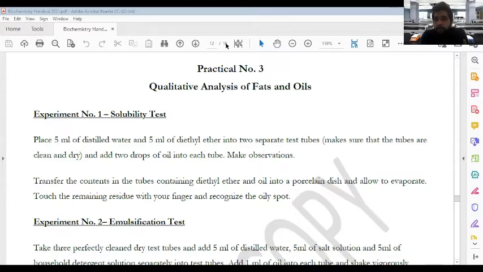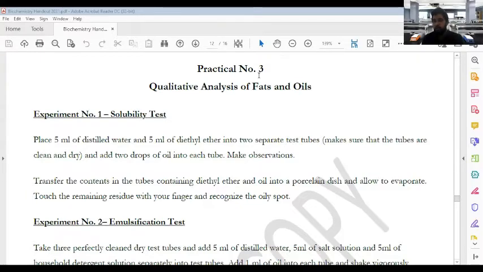Very basic one. Can you remember that? Sudan test. Again, a basic test to identify lipids. So other than the Sudan test, yes, the oil spot test.